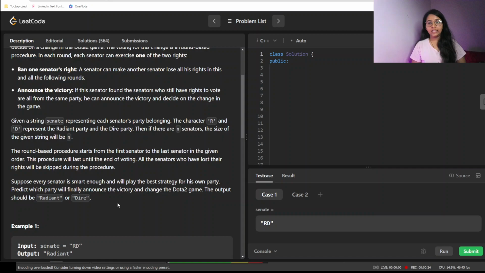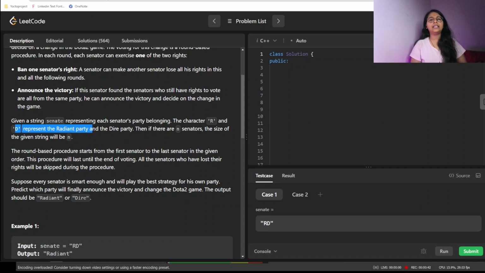Now here, given a string Senate representing each senator's party belonging, the characters R and D represent the Radiant party and the Dire party. If there are n senators, the size of the given string will be n, which simply represents that there are n chances. The round-based procedure starts from the first senator to the last senator in the given order.